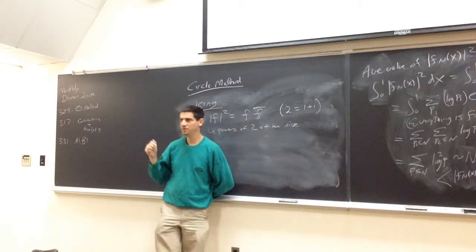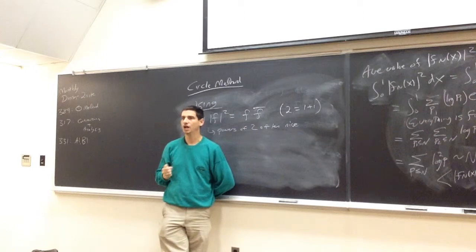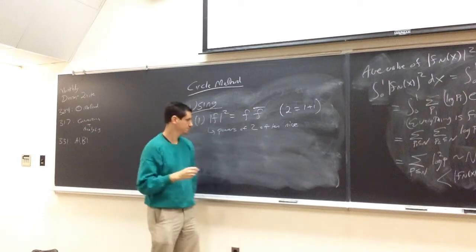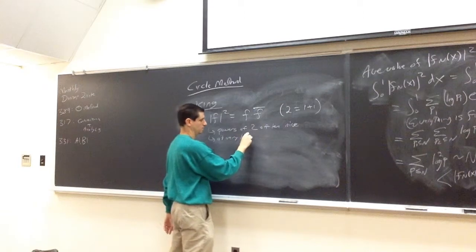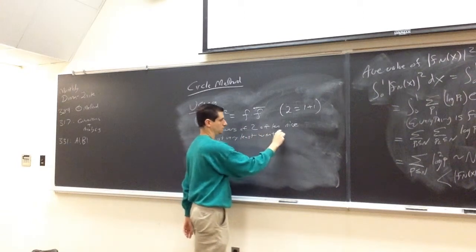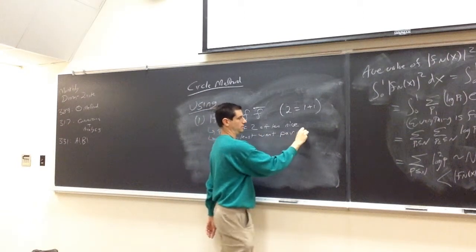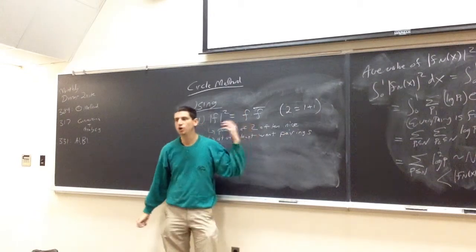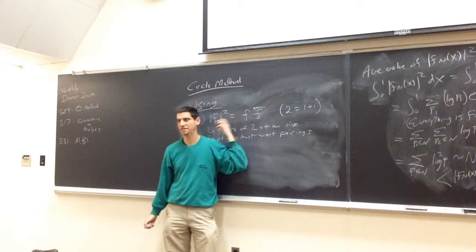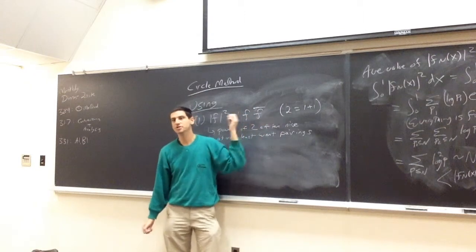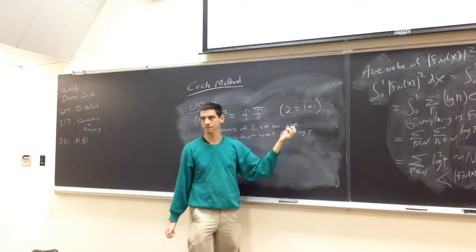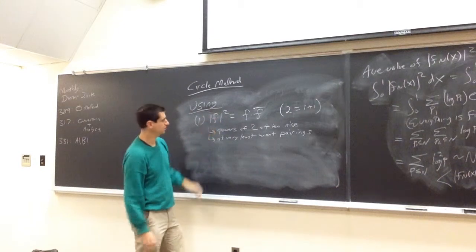It's more subtle than that, but powers of 2 are often very nice. At the very least, you want pairings. The point is, we don't want the absolute value of f cubed. That's bad. But to the second, to the fourth, to the sixth, there's a hope of pairing things off. So that was the first thing.